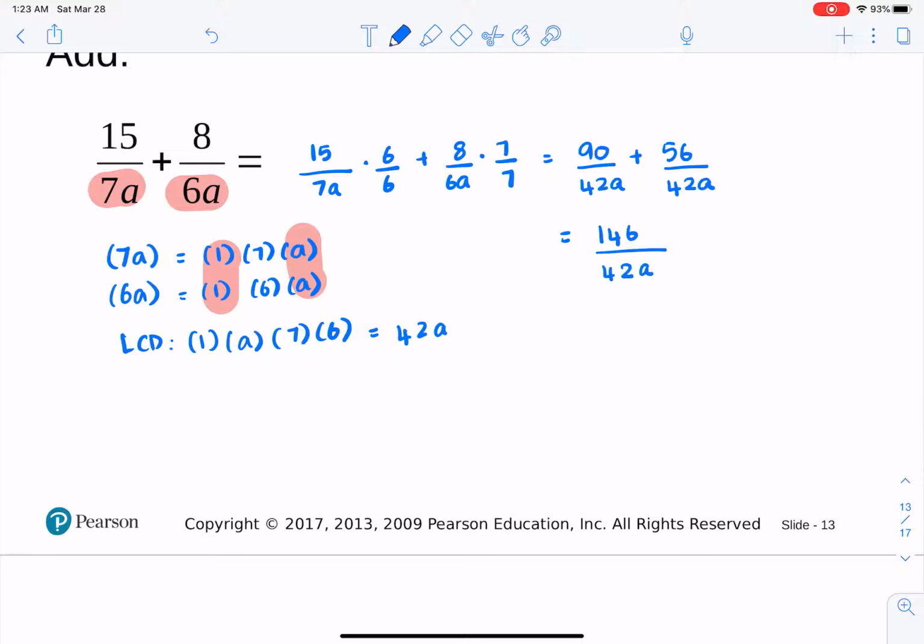So could we simplify this further? So clearly we have a 2 in common. I could write it as 2 times 73 divided by 2 times 21 times a. So the 2's would go away. The final answer is 73 over 21a.